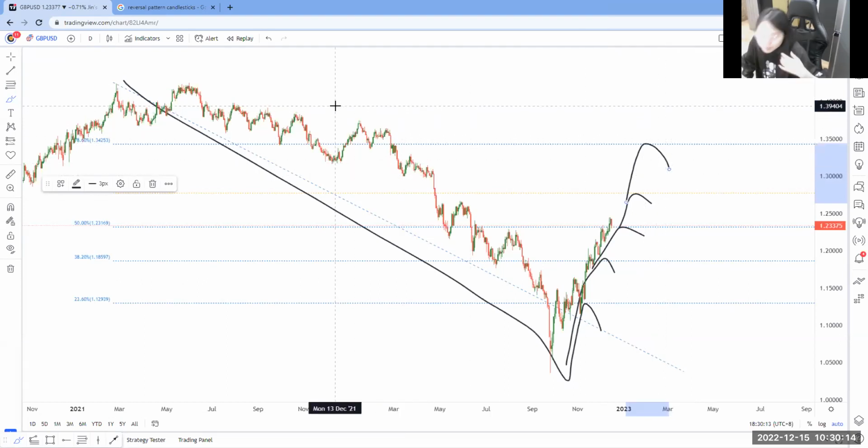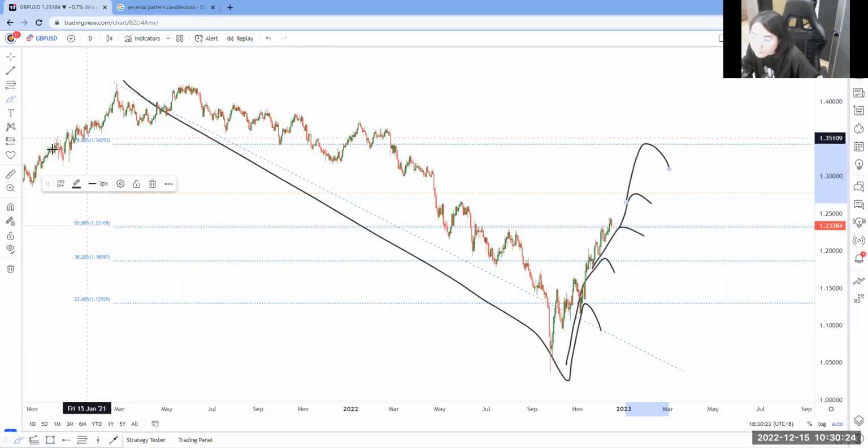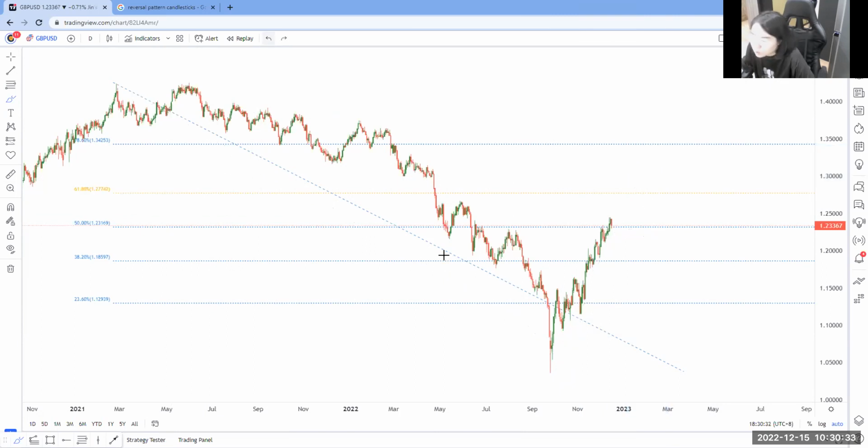We don't know exactly which level it's going to reverse from, but by using Fibonacci retracement and Fibonacci confluences, meaning that you're combining different levels of Fibonacci and seeing which area has the most resistance, we can pinpoint where we think price is going to reverse up.